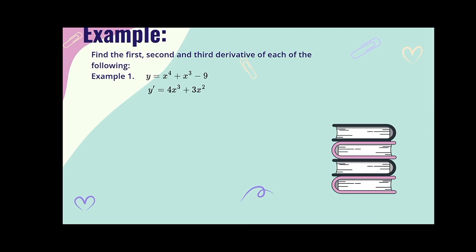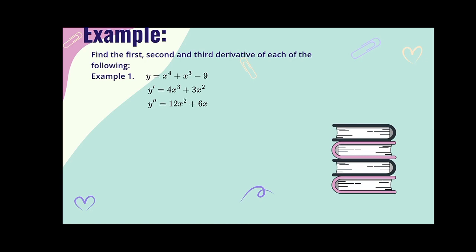Same process in x cubed. 3 times 1 is equal to 3, and 3 minus 1 is equal to 2. So it will become 3x squared. Negative 9 is a constant, so the derivative of a constant is 0. So the first derivative will be y prime is equal to 4x cubed plus 3x squared. Next is the second derivative.